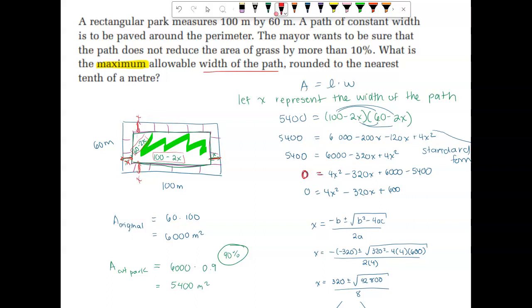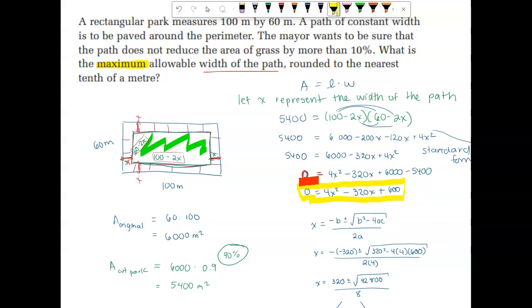I'm going to distribute, and I just simplify, and now I'm left with 5,400 equals 6,000 minus 320x plus 4x squared. Bring everything to one side because I'm solving the equation. So I always have to make sure when I'm solving the equation that this side is always equal to 0, okay? So then I put 4x squared minus 320x plus 6,000 minus 540. So the end quadratic equation I have is this 0 equals 4x squared minus 320x plus 600.